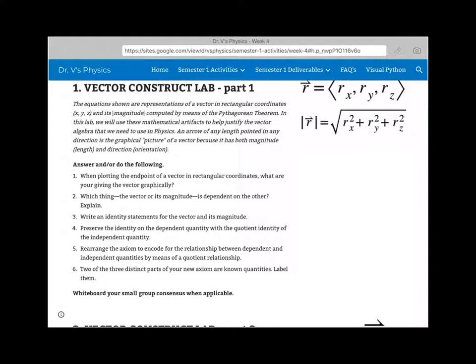So if we make the vector dependent, and let me be clear why. I want to make the vector dependent because I want to write a vector definition that is exhaustive of all the properties of a vector.